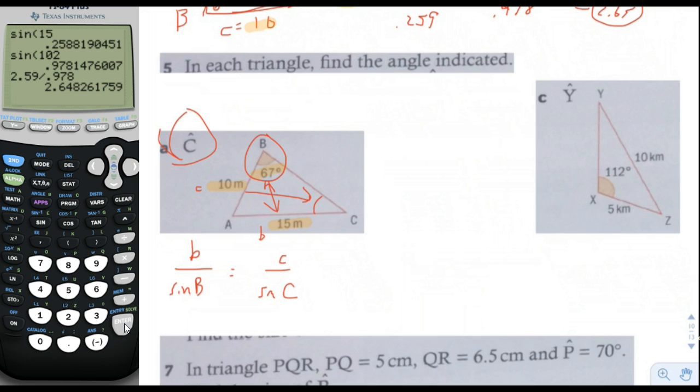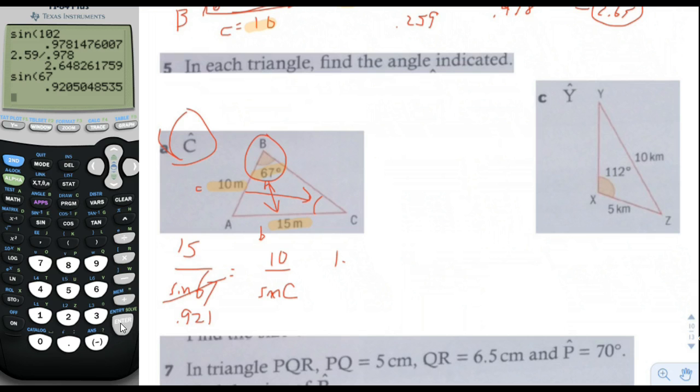Okay, so let's start filling in here. Small c is 10, small b is 15, big B 67. Okay, and the sine of 67 equals 0.921. Try to keep three significant figures on your trigonometric ratios. Now we're going to cross multiply here so that we can get c up to the numerator.